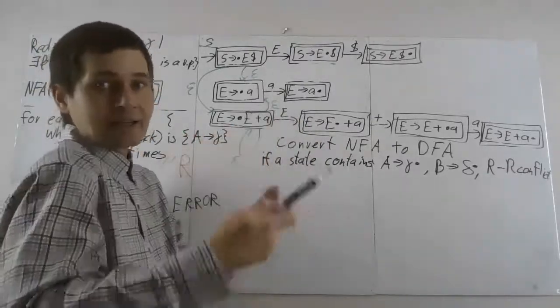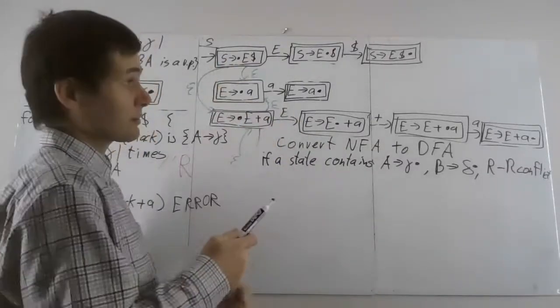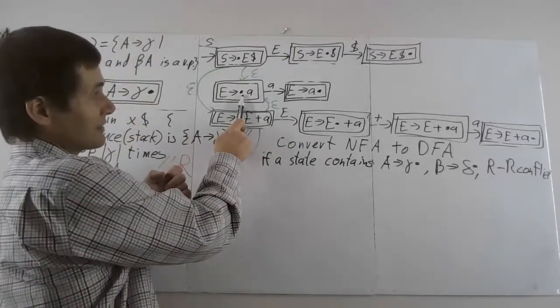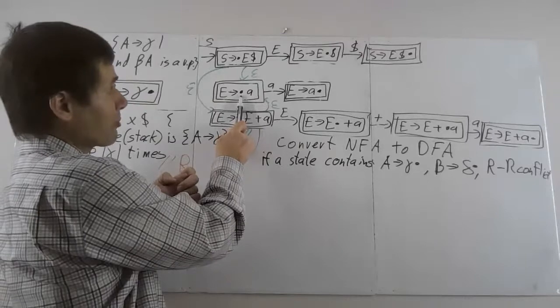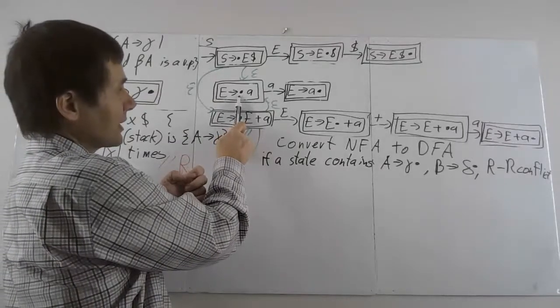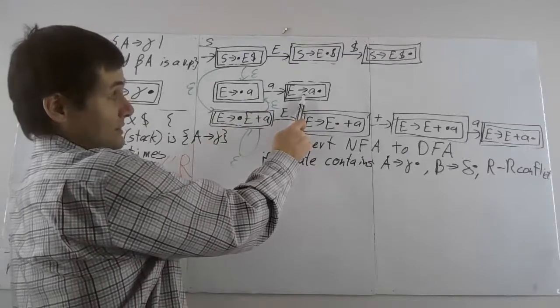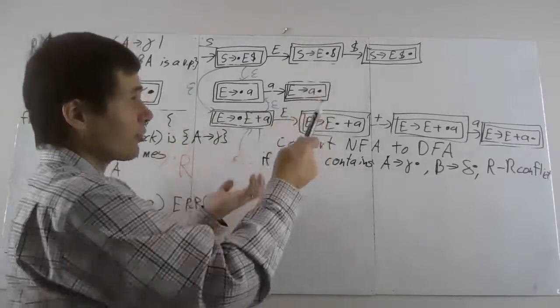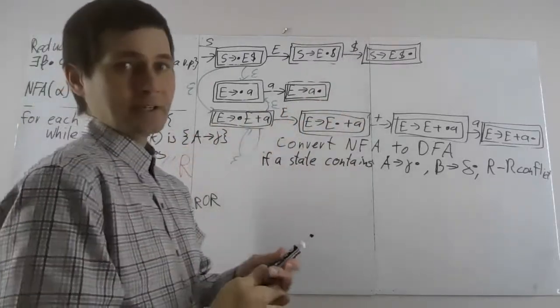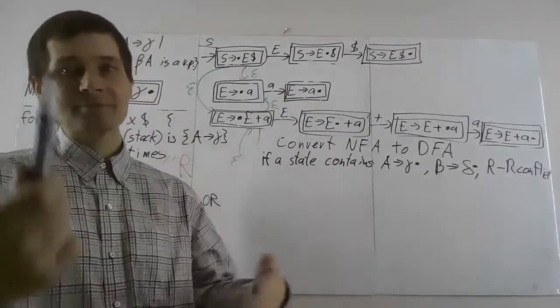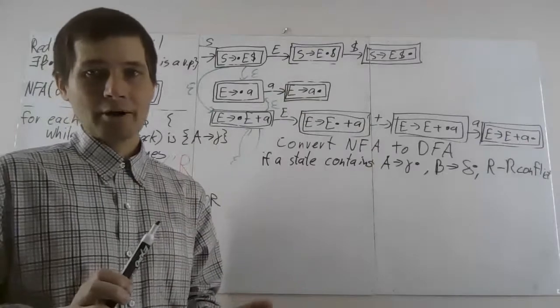But now, again, it's an NFA, so it can be in two different states at once. And so, if it's in a state like this, then there's a hope that not reducing is the right answer. And if it's also at the same time in a state like this, then there's a hope that reducing is the right answer. And then again, the algorithm would have to try both, and it would have to backtrack, and that's not what we want.